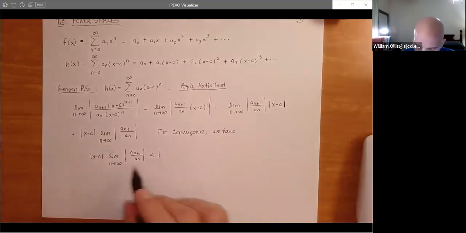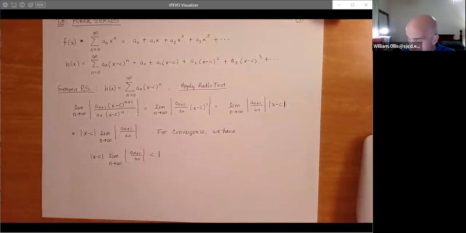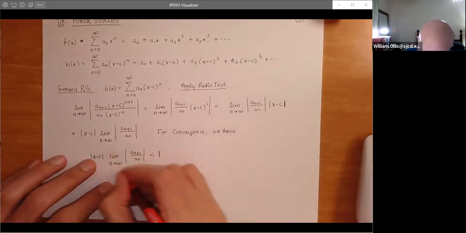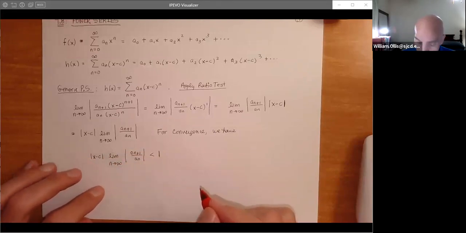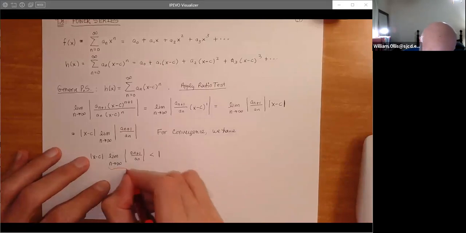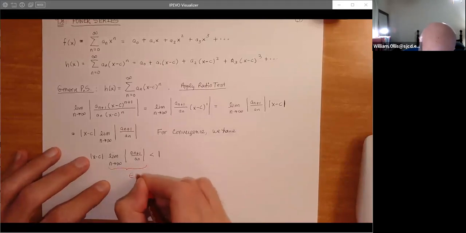Now, if we make the assumption that this limit actually exists as a real number, we can basically divide by it. So we're going to say that this exists as a real number.